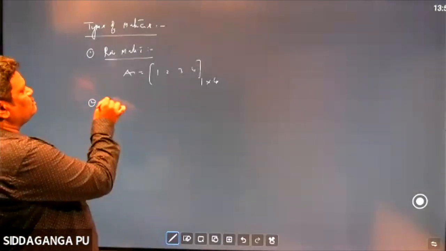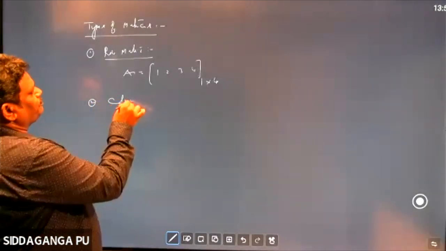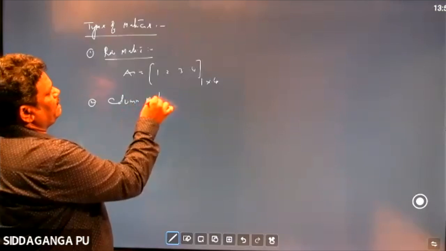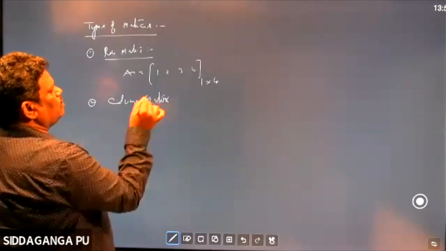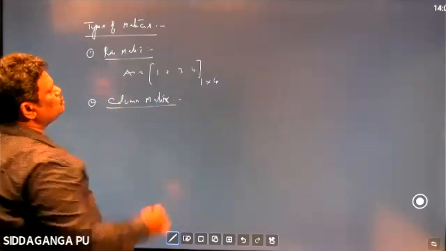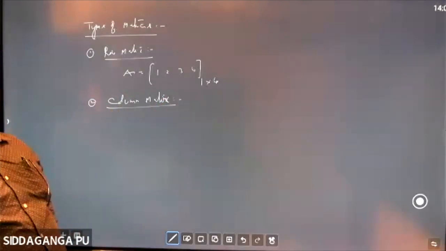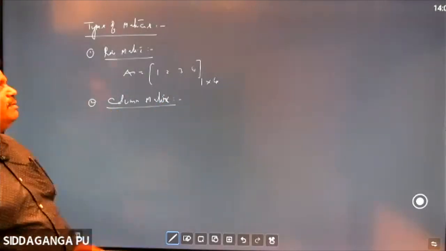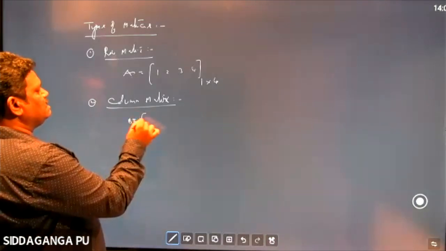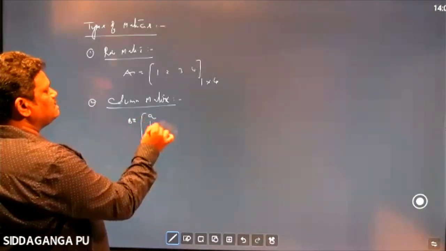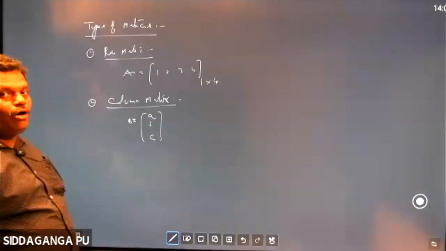Now we go into the next one, column matrix. What is a column matrix? A column matrix is a matrix that has only one column. For example, B is equal to A, B, C written vertically.